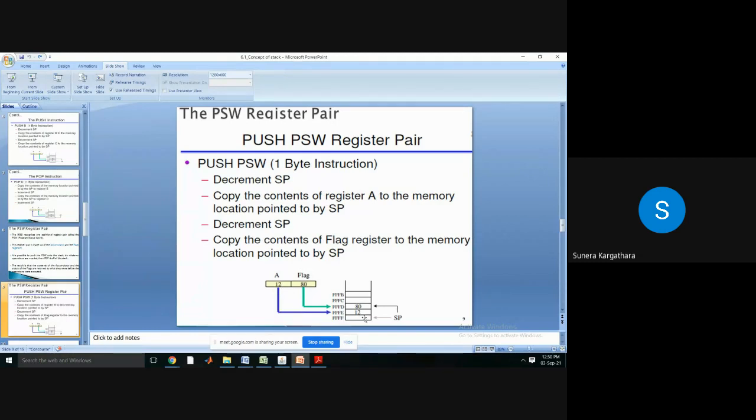So the accumulator's data is stored. Again it will decrement SP-2 and the flag register's content will be stored onto SP-2, and the stack pointer SP will be modified with the top of the stack.